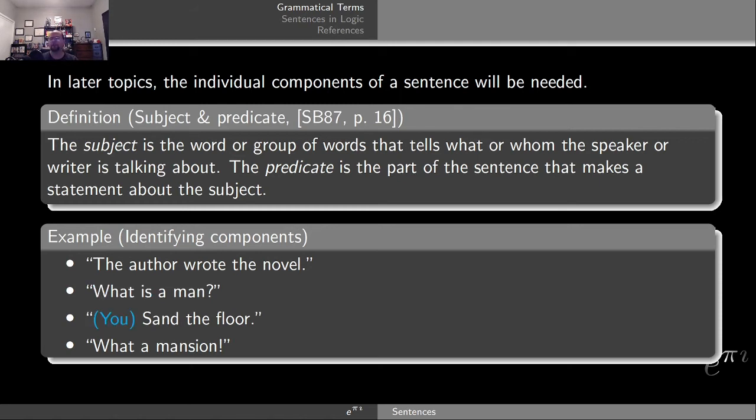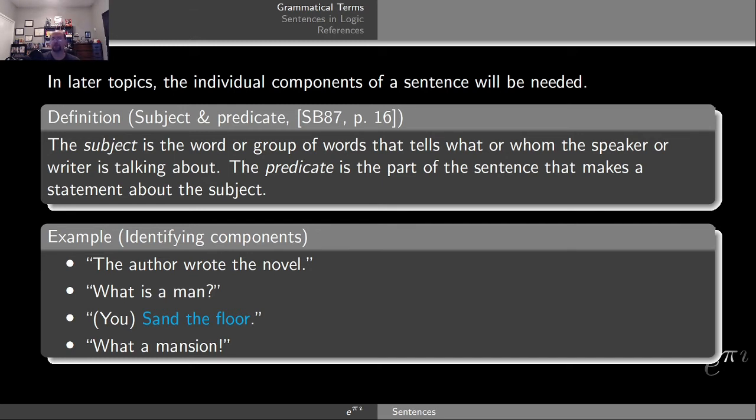And thus the you in the sentence is understood. You sand the floor. And thus, very often, the you part is omitted. You just say, sand the floor. Thus, the you is not written or stated at all, and the predicate is the sanding the floor. You, the person I'm talking to, take this action, sanding the floor. Thus, very often, orders are actually all predicate.